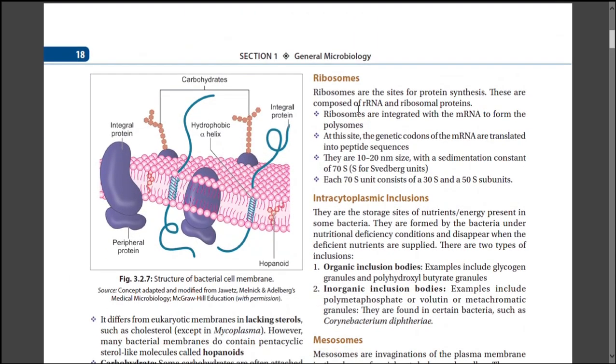If we take ribosomes, they have 70S ribosomes. Each 70S unit consists of 50S and 30S subunits. Polysomes are ribosomes along with mRNA, and they help in protein synthesis.